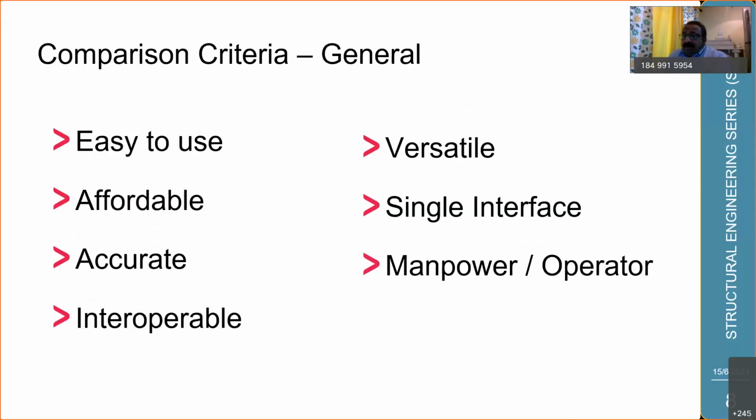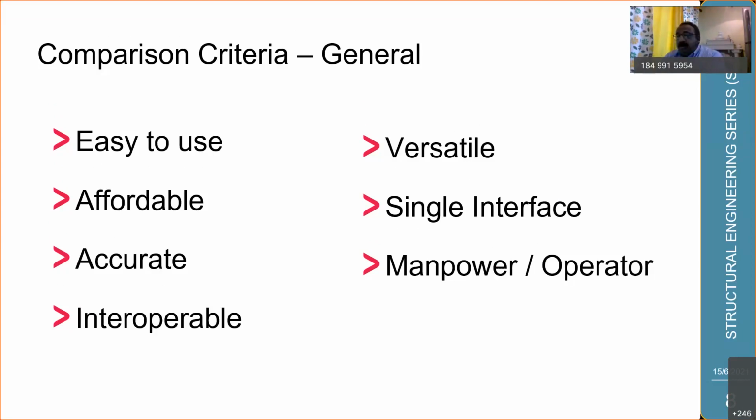And when it comes to the general comparison, we are going to check, is it easy to use? So always we are looking for the straightforward or user friendly. Nowadays with the graphical user interface, most of the tools are easy to use. And affordable, that means it should be cost effective, good value for the money, and at the same time accurate also.